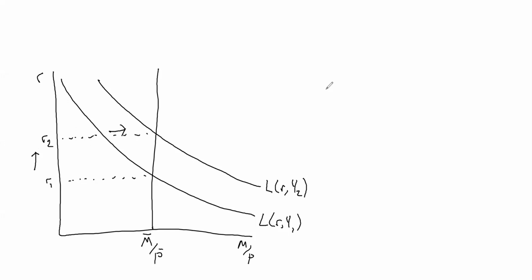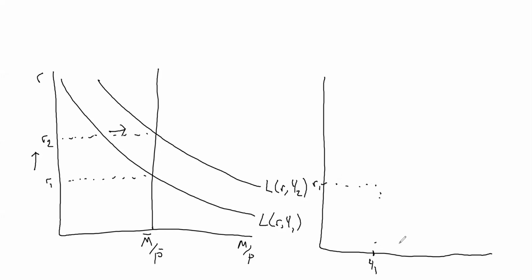So we can take this and put it in our LM curve by just showing how this change in income changed interest rates. So if we were initially right here at Y1 and we had interest rate R1, we were initially at this point.